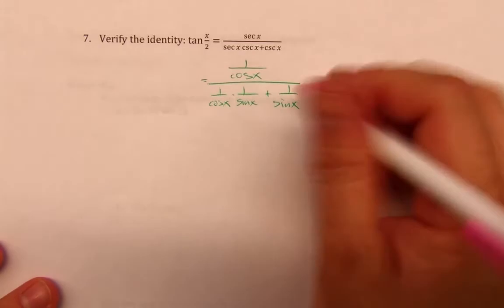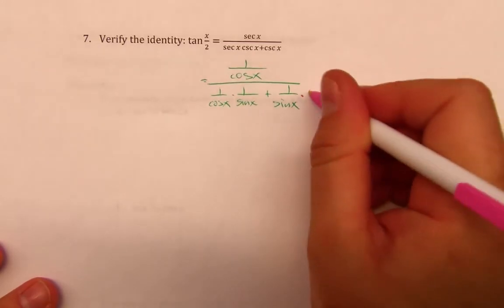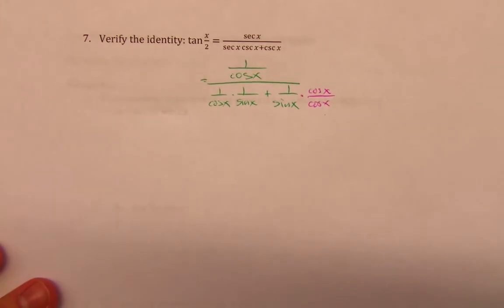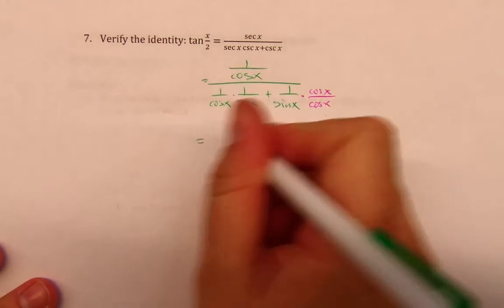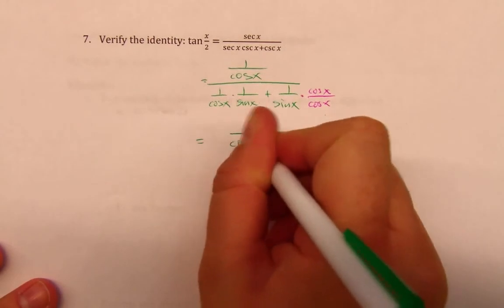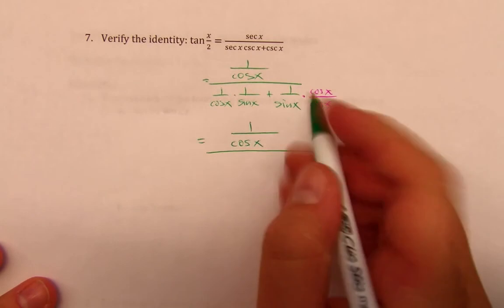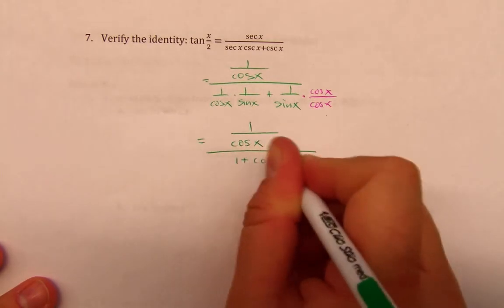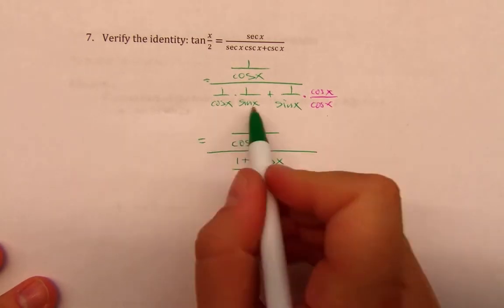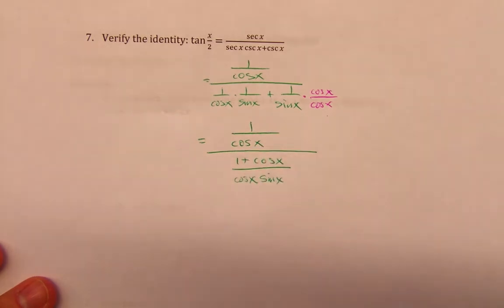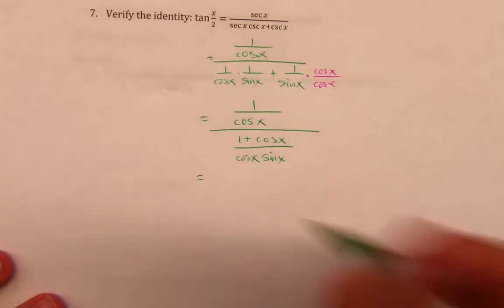And I'm going to multiply this term by cosine x over cosine x. And now I have 1 over cosine x over 1 plus cosine x over cosine x sine x. Okay. Well, now dividing fractions, we can flip and multiply.